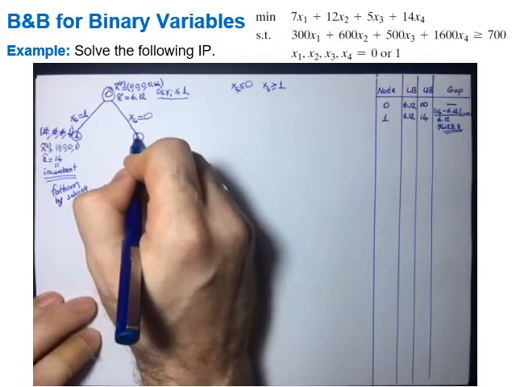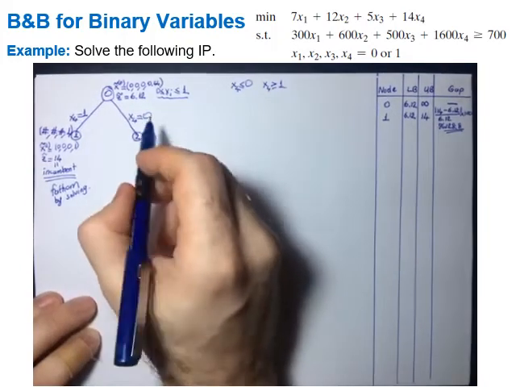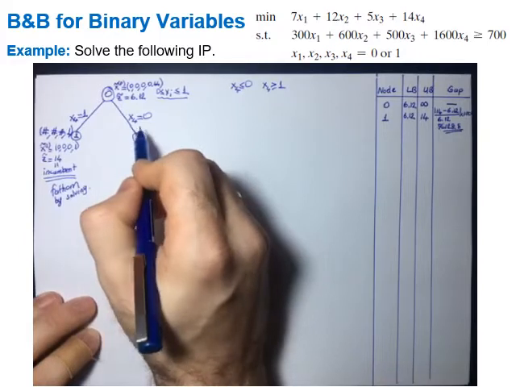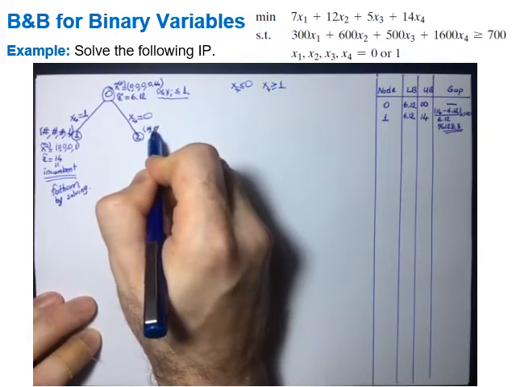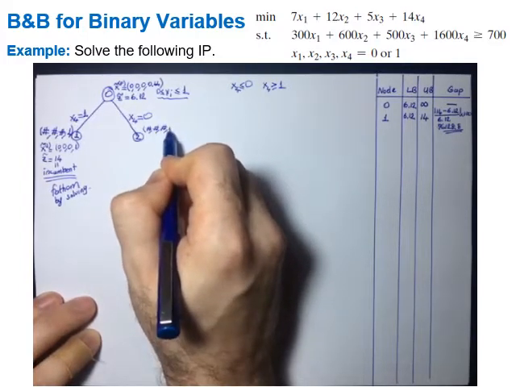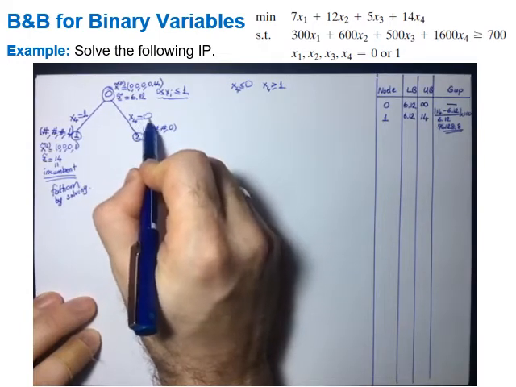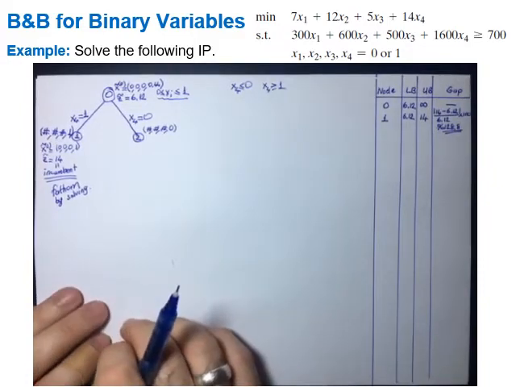So I can number it as 2 now. And the solution that I am going to search for here is, you see, x1 is free, x2 is free, x3 is free, x4 is set to 0 this time. You see, from here, by branching, I am setting the value of x4 equal to 0.